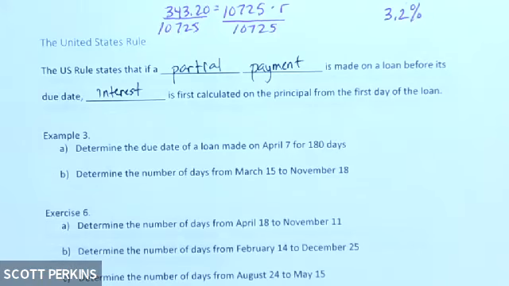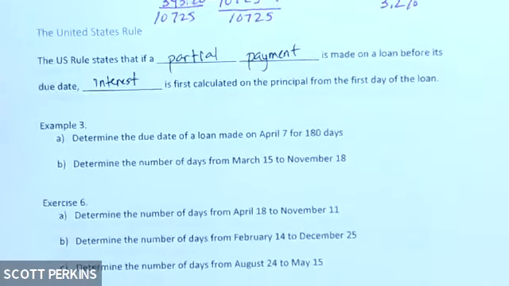So what happened was the Supreme Court said if, for instance, you borrowed $1,000 and halfway through the loan you want to pay $400 on it to pay down the principal, what you do is at that point you pay interest on the full 1,000 up until the time you're making the payment. And then going forward, you only pay interest on what's left. Okay, so seems to make sense, but you know how these things go. People on both sides of it are greedy, and so somebody was greedy somewhere.